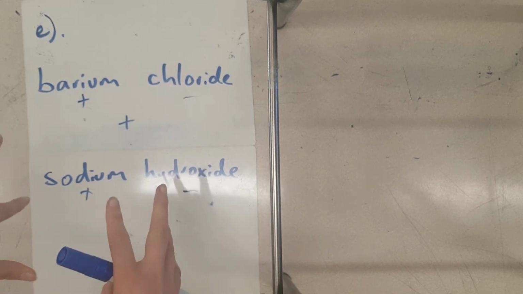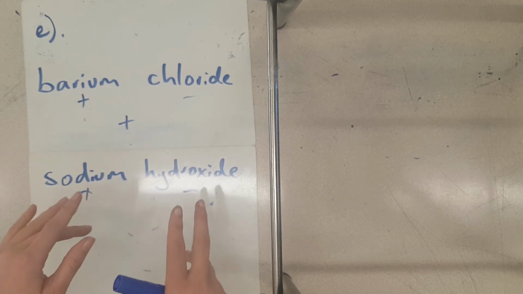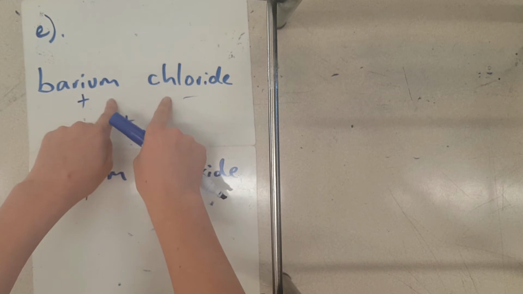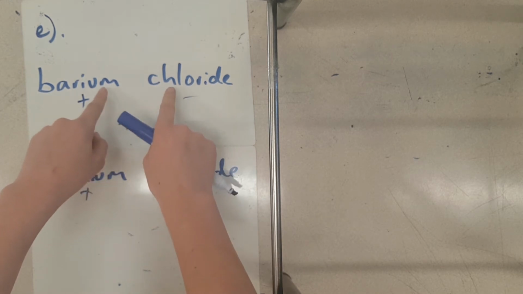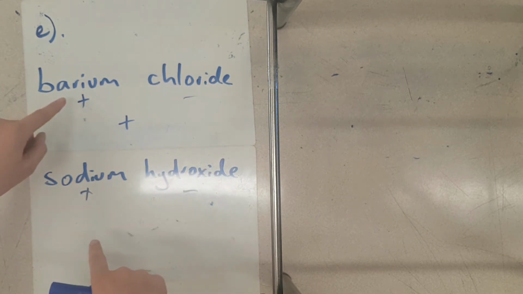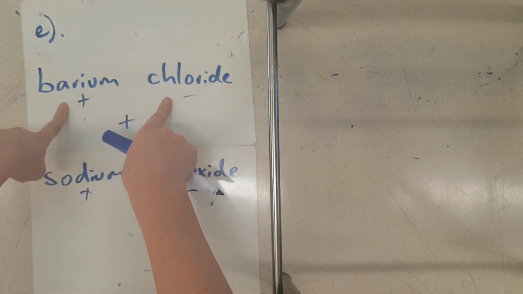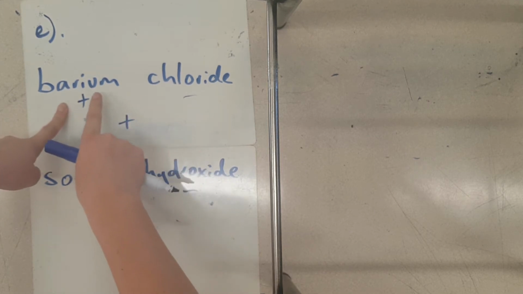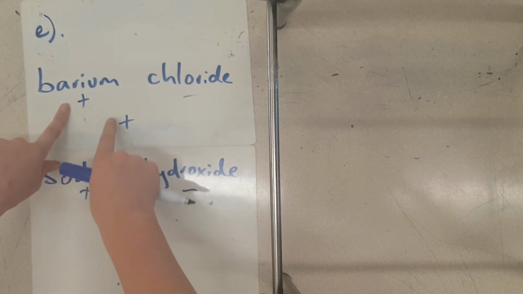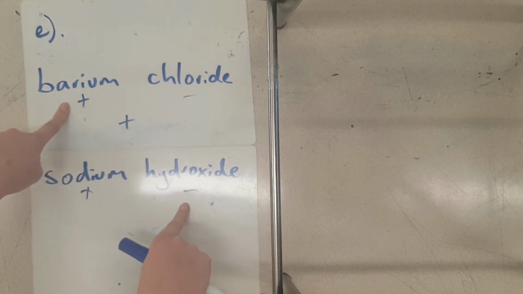Now, when we're working out what can go with what here, it's not trickier, but we have to keep in mind that these two can't stick together. Because these are reacting, we know that there's a bit of a muddle up. So, what can barium go with? Barium can't stay with chloride. It's got to be a reaction. Barium can't go with sodium because sodium is a positive and barium's a positive, but barium can go with hydroxide.